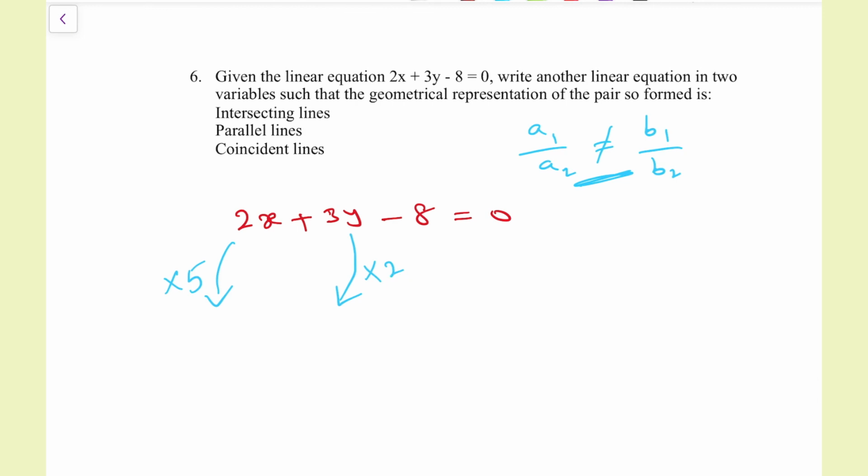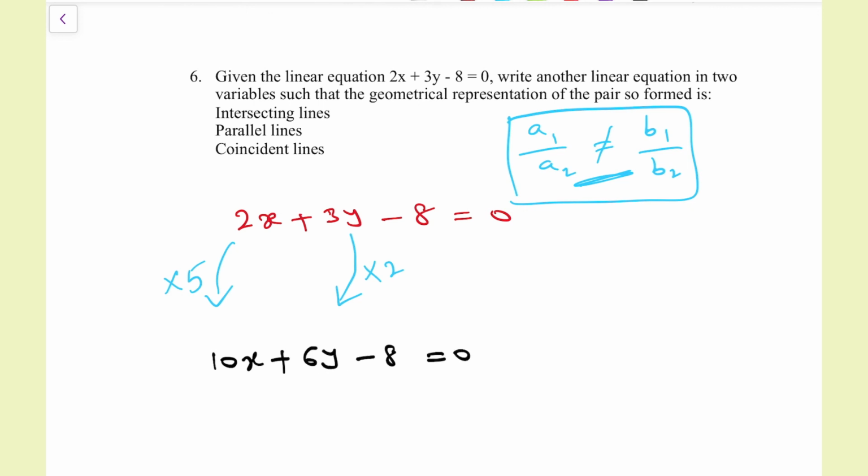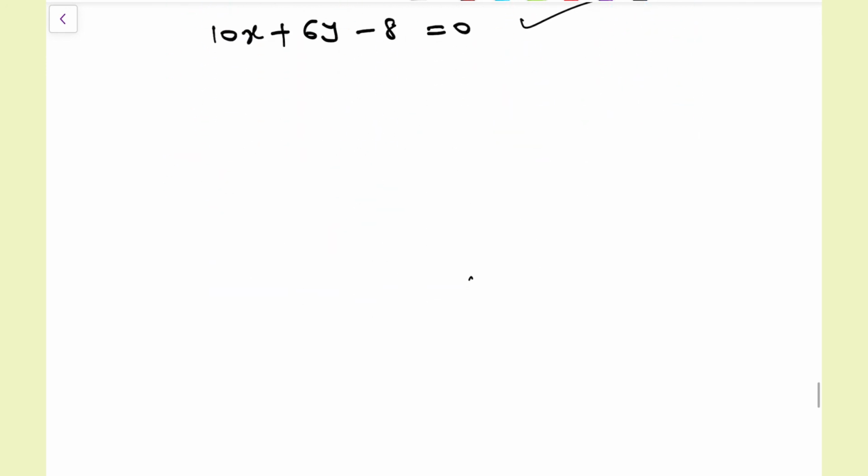Because here the condition is A1 by A2 is not at all equal to B1 by B2, right? So 5 is not at all equal to 2. Except 5 you can multiply with any number, even 1, no problem at all. 2x into 5, 10x plus 3y into 2, 6y minus 8 equals 0. This is the given equation, this is the created equation. Now if you observe, these two equations will have intersecting lines. Next, take the same equation again, the given one, 2x plus 3y minus 8.